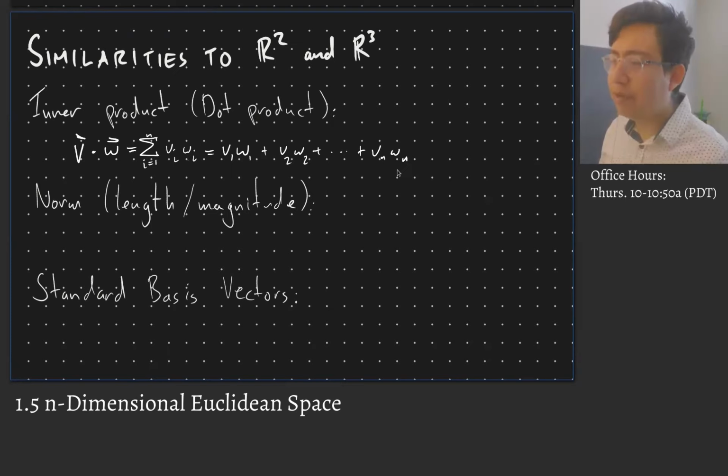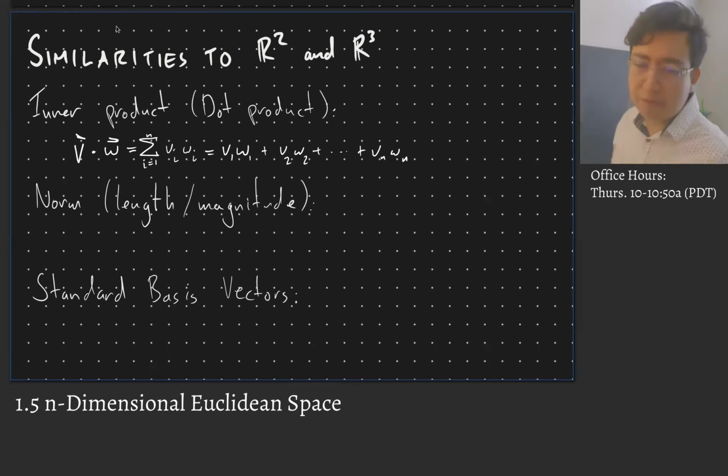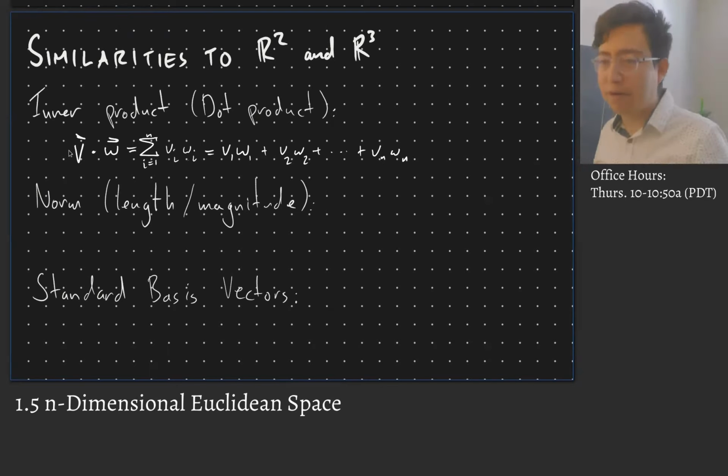Now, one thing to notice here is that v and w have to be the same dimension, which was the case when we were dealing with 2 and 3 dimensions even. But now that we're dealing with higher dimensions, it's even more important to make that distinction that v and w have to have the same dimension in order to take their dot product. So the dot product works exactly the same way, except if there are more coordinates, you just have more terms in your sum.